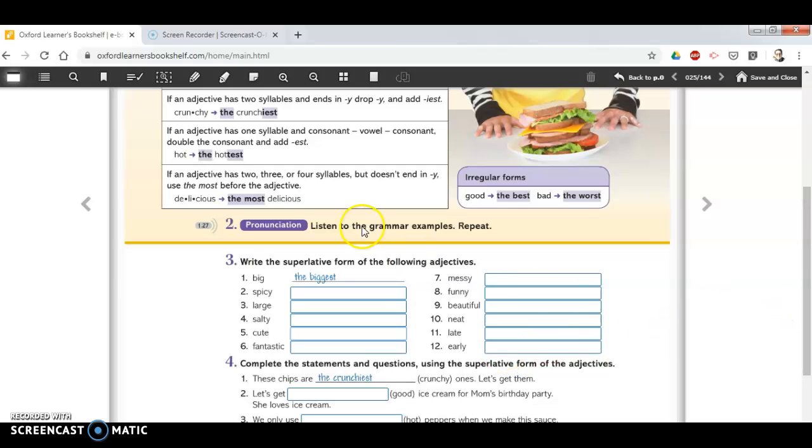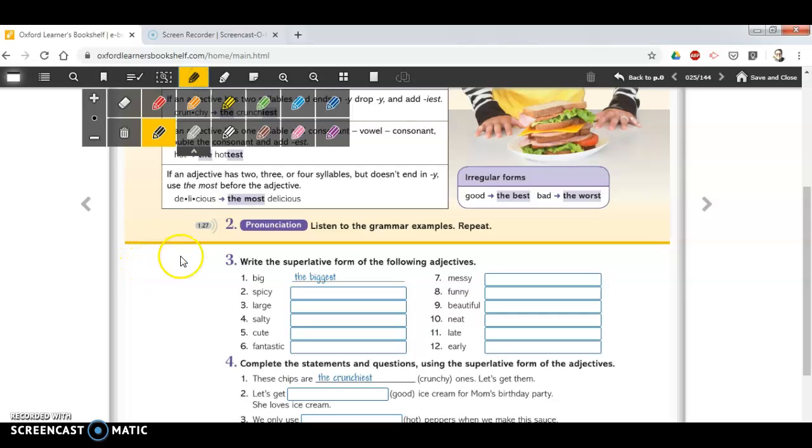That is going to be your homework. Let's put it here. Number 3. It's going to be your homework, especially these ones. Okay, so let's follow the rules here.